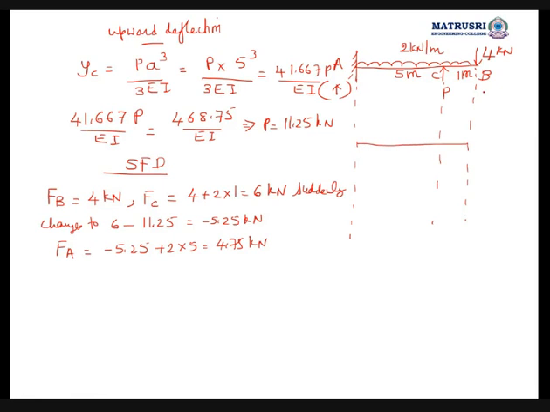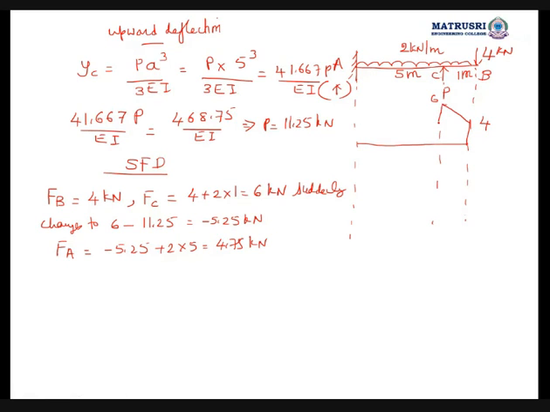shear force diagram, F of B first 4, okay, 4, then 6 here. So what is the load in between these two? UDL, so linear. Then suddenly it changes to 5.25.